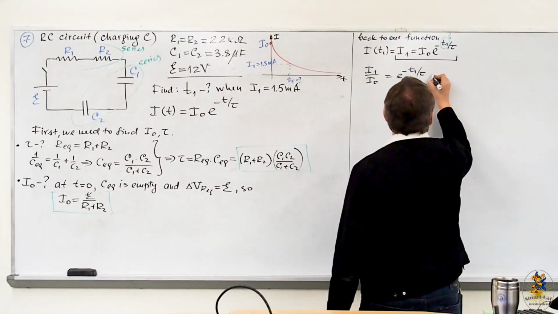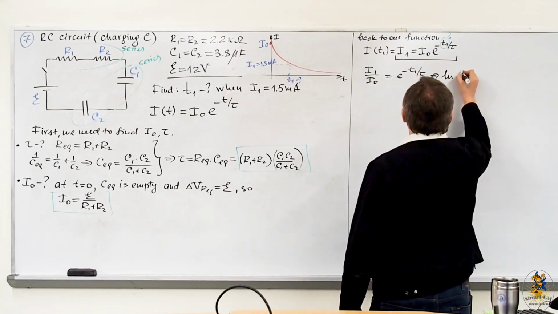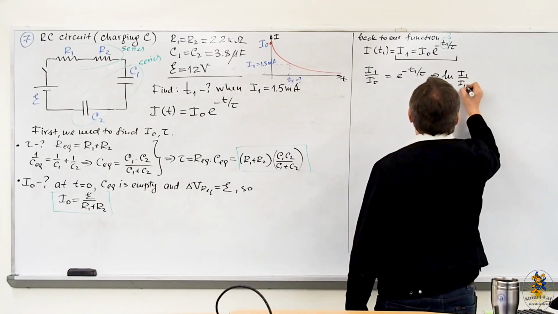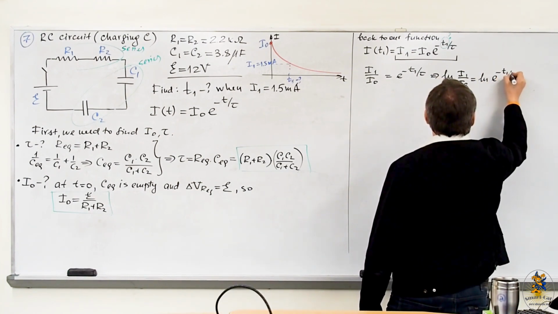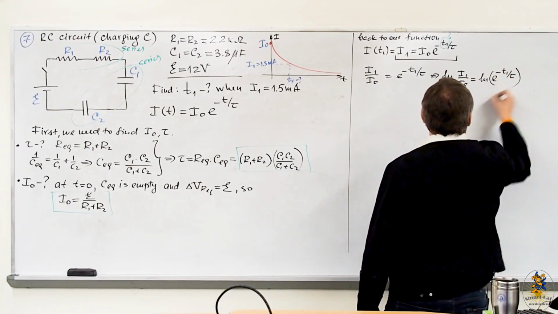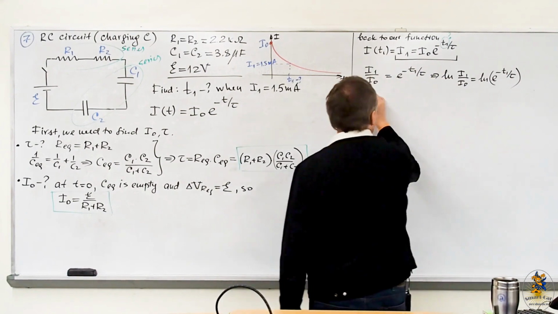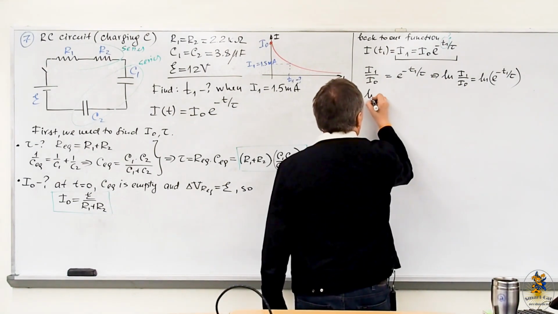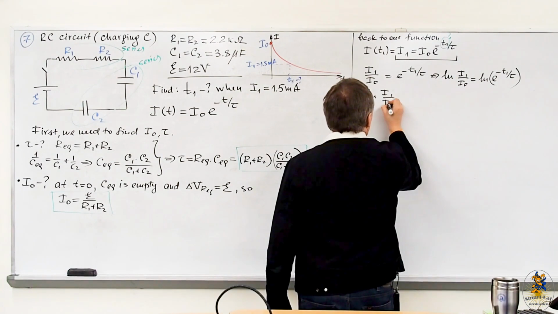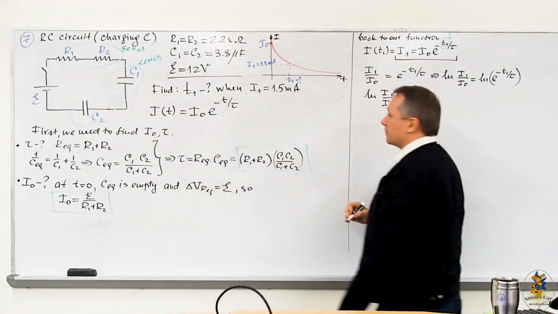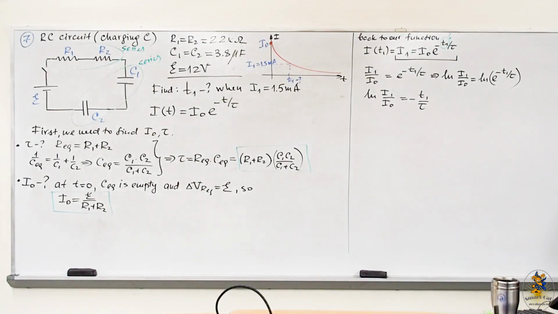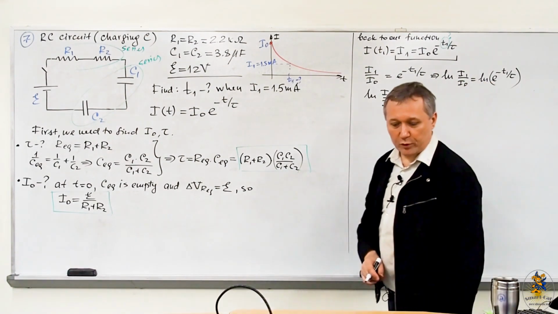So the natural log of I1 over I naught equals the natural log of e to the power of minus T1 over tau. Okay, so the natural log of the ratio of these currents equals minus T1 over tau. Now it's pretty much algebra, moving terms around.